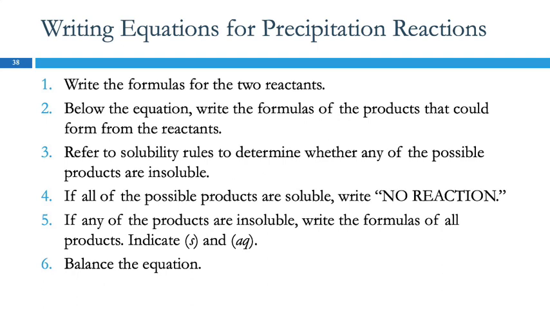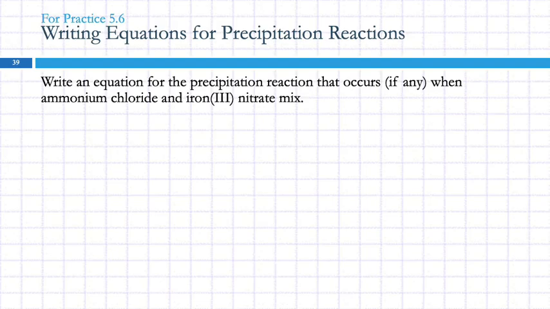We're going to have to indicate whether those products are solid or aqueous. The S here is for solid, S is not for soluble. This is a solid, it's insoluble. The aqueous compound is soluble, and then we balance the equation. So let's do some examples.